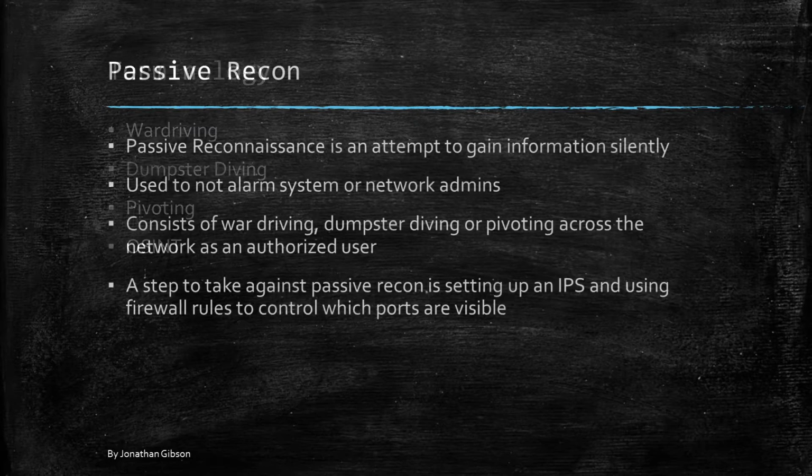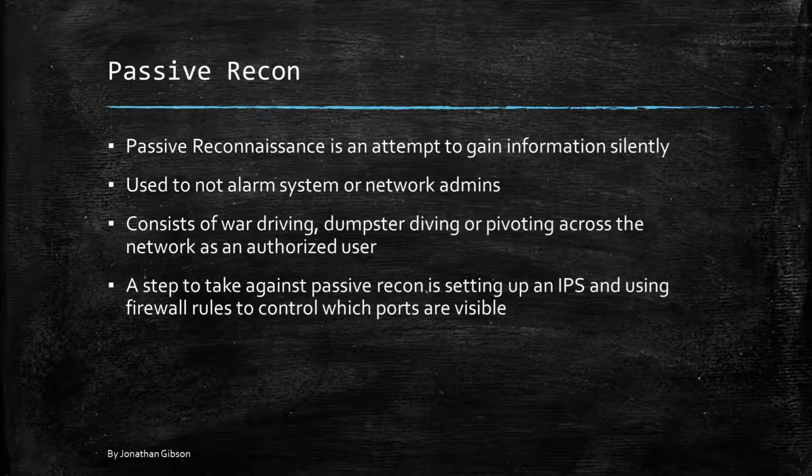Now, passive reconnaissance is an attempt to gain information about a targeted computer and network without actively engaging with its systems. It's a solid way of making sure you don't set off any alarms, and that the network admins and system admins are unaware. Passive recon consists of the following kinds of attacks: war driving, dumpster diving, and other types of information gathering done without affecting a company's network.